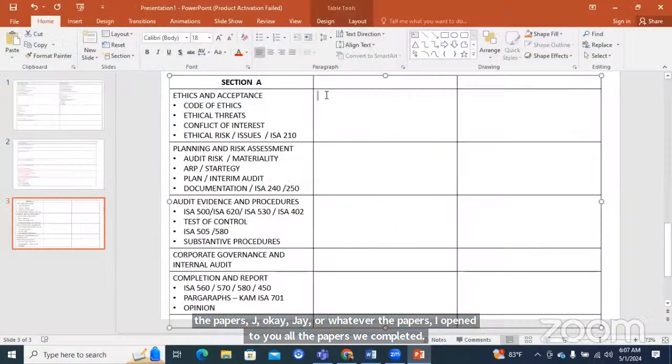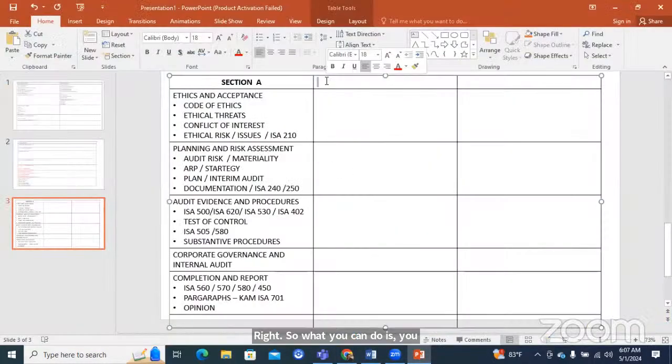So you can go to Arivu's app and see the recordings. All those papers and answer discussions are there. Only for Sri Lankan students do I need to share those papers.